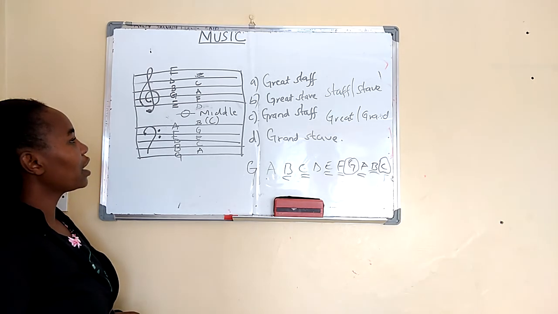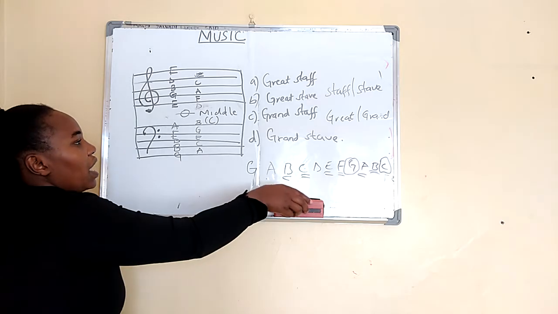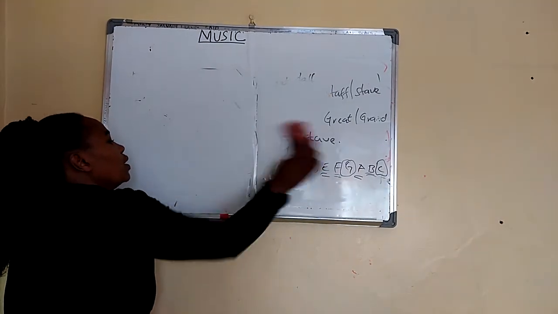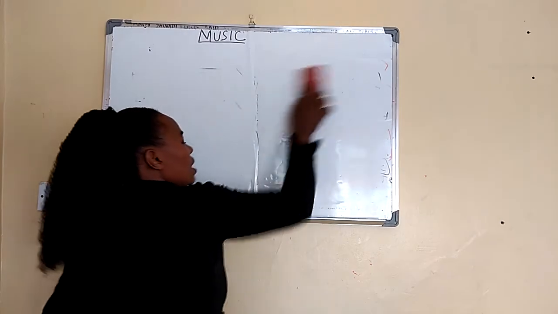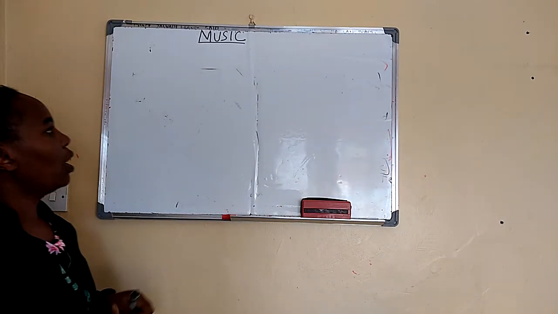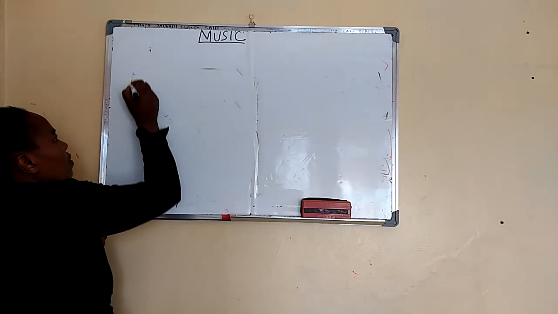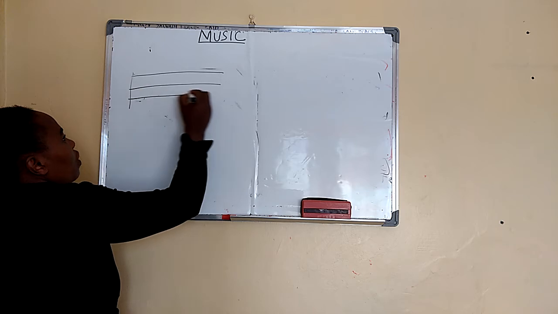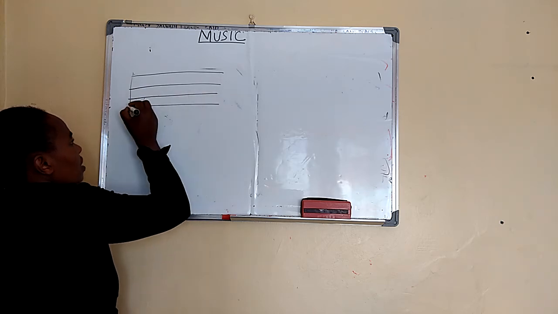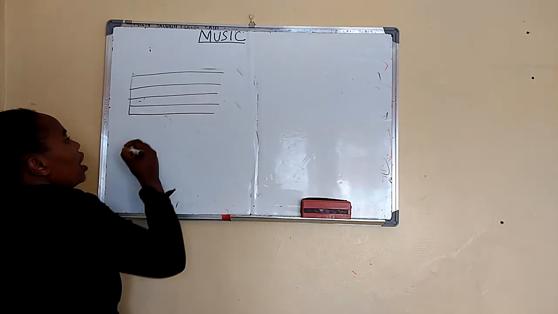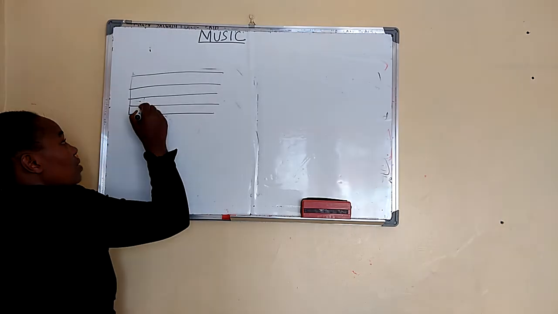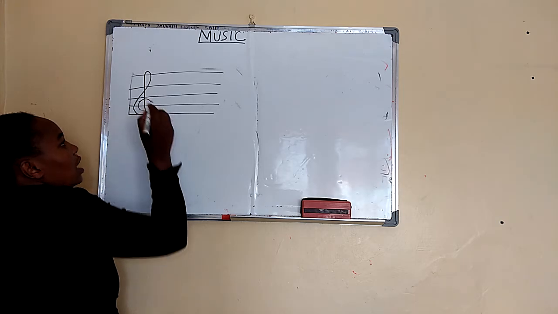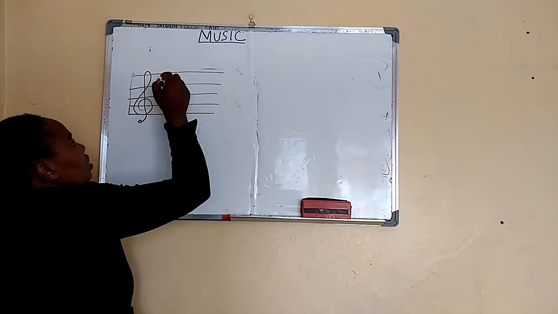So, if you are now asked to name notes on the staff, then it becomes easier because you know how to name the F staff and how to name the G staff. So I'm going to do a short exercise to help us know how to name the notes on the staff. For example, if I have notes here, then maybe you are asked, which note is this?